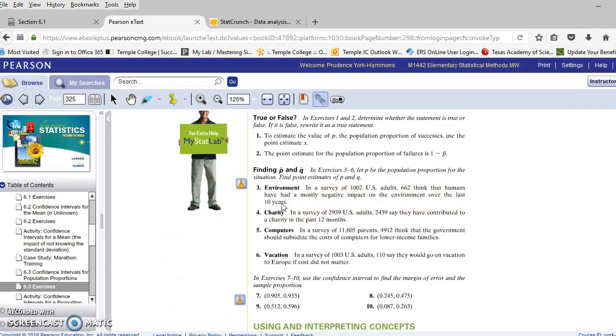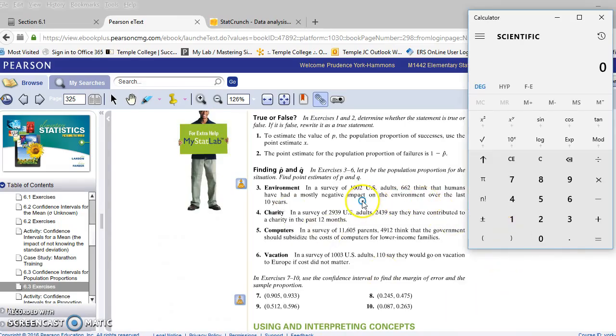We want to find the point estimate for the population proportion. To do that, we need to find p hat.